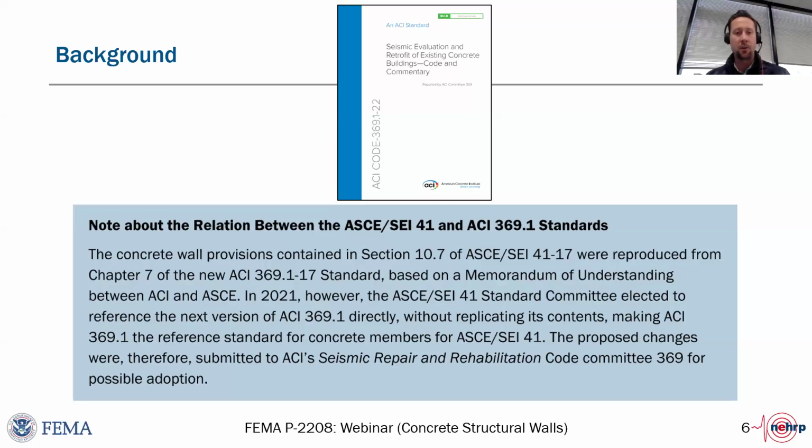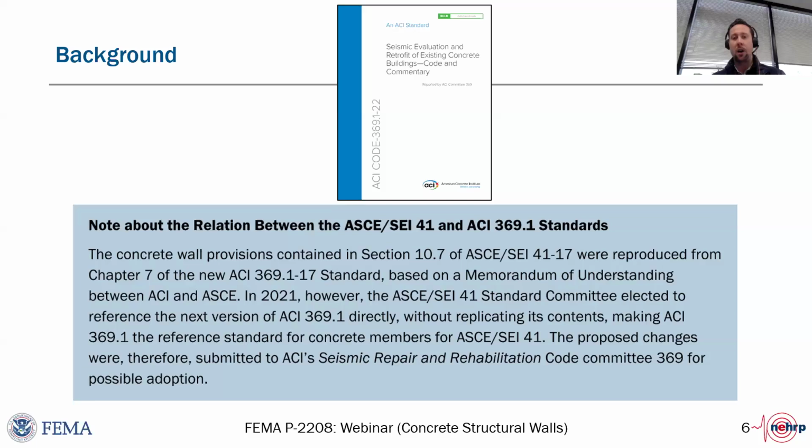As likely a lot of you are aware, ASCE 7 really dictates the loads and hazards that are to be considered for buildings, and then they point to more specific material standards for the capacities and local acceptance, strength reduction factors, those things for the individual materials, so concrete, steel, masonry. ASCE 41 has started to move that direction in a similar way, but not for all chapters. So it happened for ASCE 41-23.